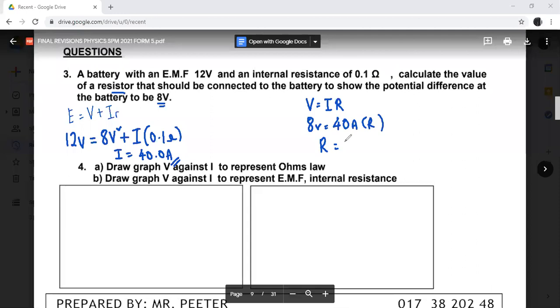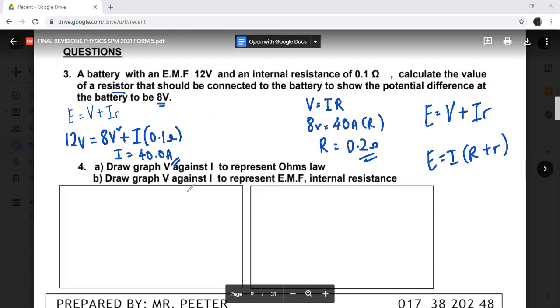What do we get? 8 divided by 40, sorry. 0.2 ohm. That's the value of the resistor. So remember your formulas, guys. E equals V plus Ir, or E equals IR plus Ir. These are the formulas. Okay.